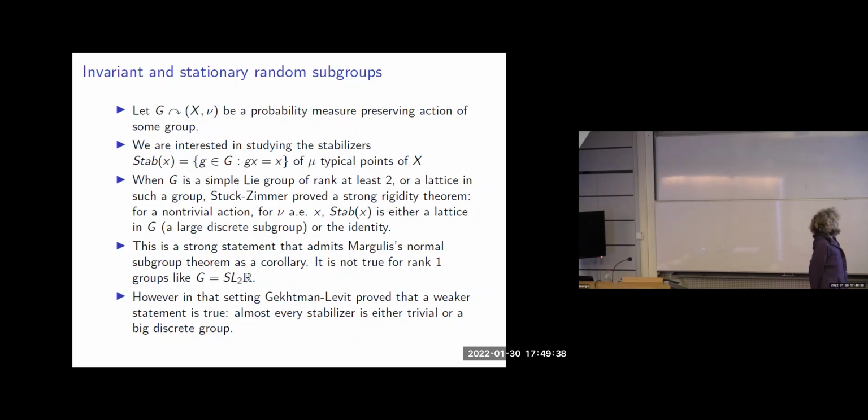So a lattice in the group means a large discrete group.